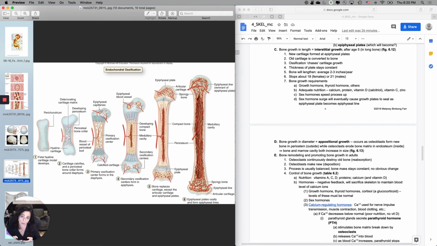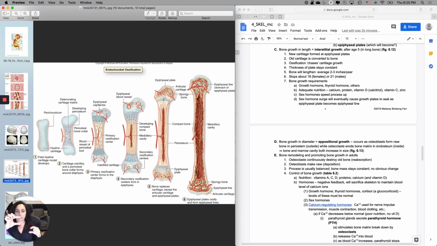But your sex hormones, when you hit puberty, actually speed the process up. What they do is they speed up both cartilage growth and ossification, but not at the same rate. So you've got this plate and it's this thick, right? And then your sex hormones come on in.